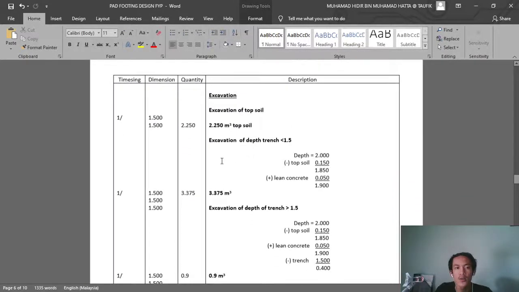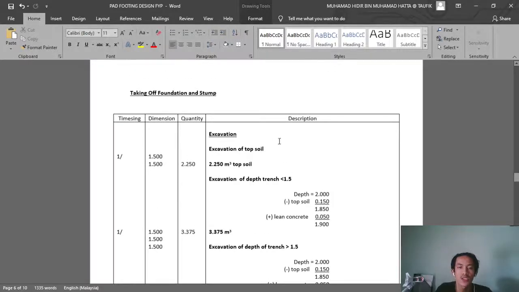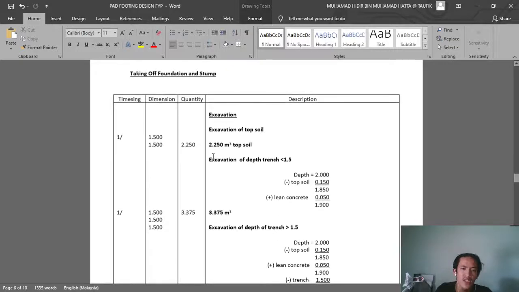For the pad footing and stump, we have to consider the excavation. For the excavation, we have three levels. First, we need to excavate the topsoil, and then we excavate to a depth of 1.5.